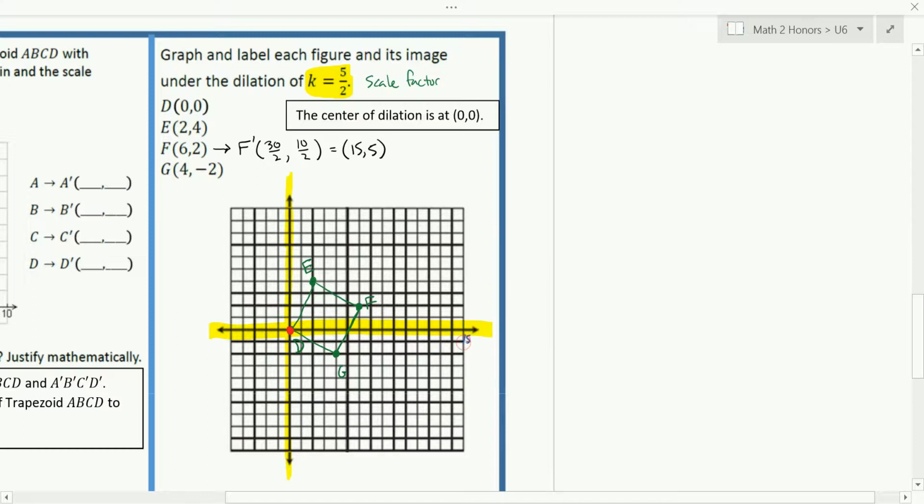So 15 is the very far last marker on here, right? And up 5. So there's my F prime.